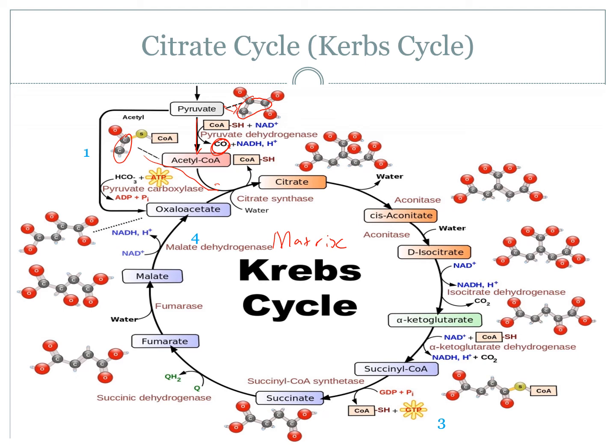Either way, let's start and follow it around. Acetyl-CoA enters the Krebs cycle, and it is combined with oxaloacetate to form citrate. Citric acid is the same acid that you'll find in your lemonade, just out of curiosity, so it's no different. From there, it goes through its citrate cycle. That's why it's called the citrate cycle. So it will follow itself around.